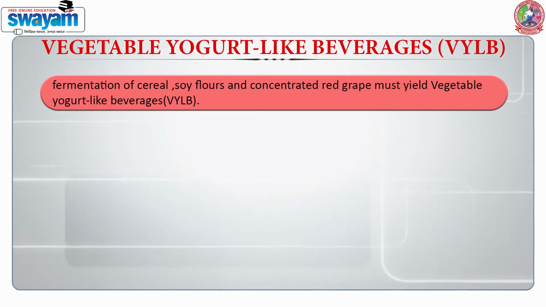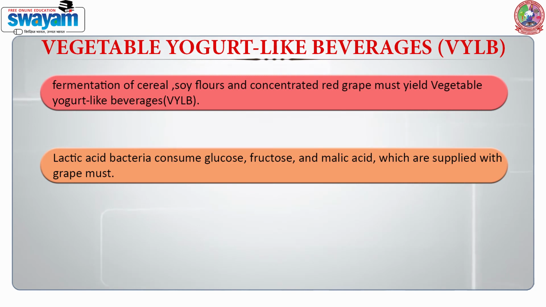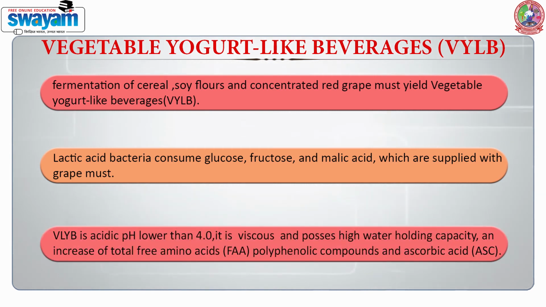These beverages are primarily produced by the action of lactic acid bacteria, which consume the glucose and other sugars and malic acid of the grapes, and bring about the production of acidic components such as lactic acid and ascorbic acid, and thereby lower the pH of the beverage.